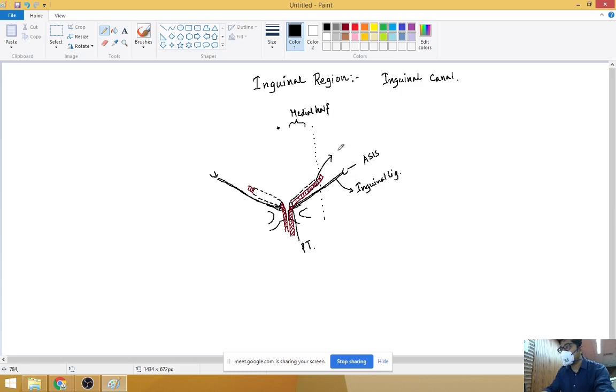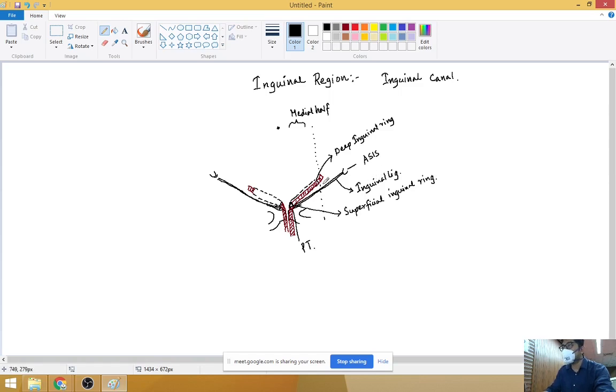It starts from the deep inguinal ring, and whatever lies superficial is the superficial inguinal ring. Now these rings are nothing but openings.